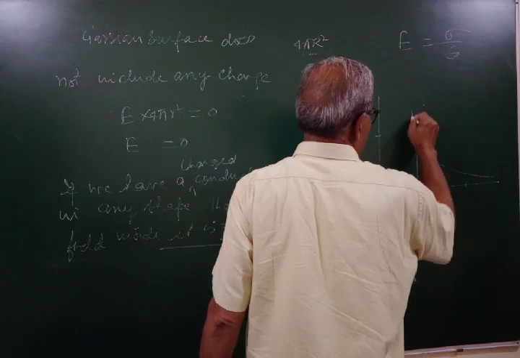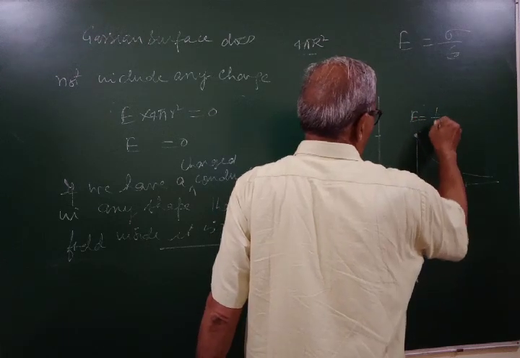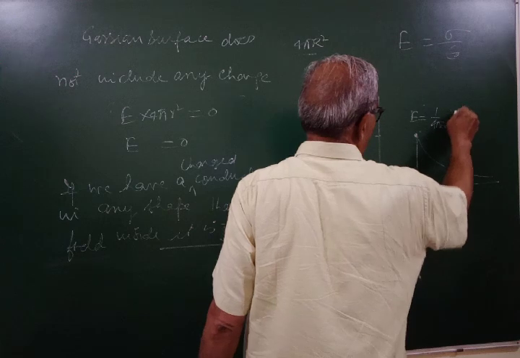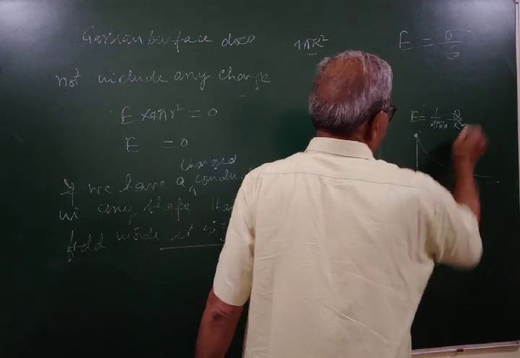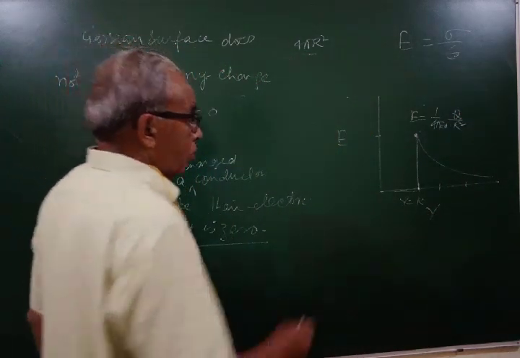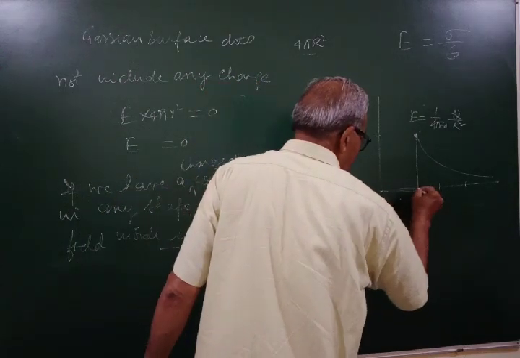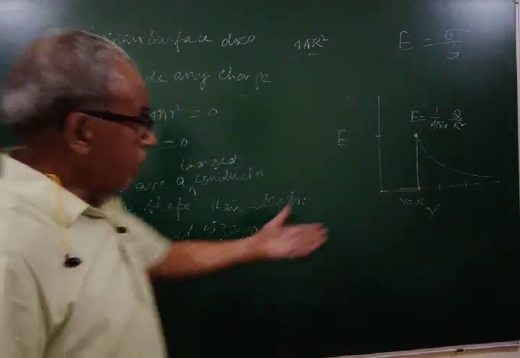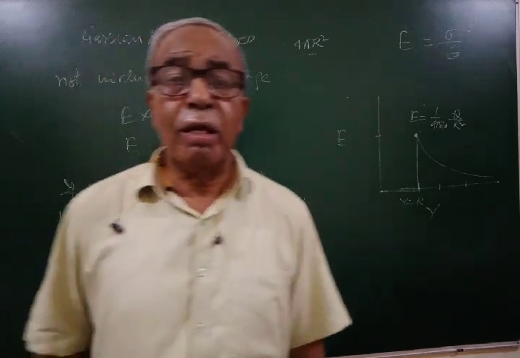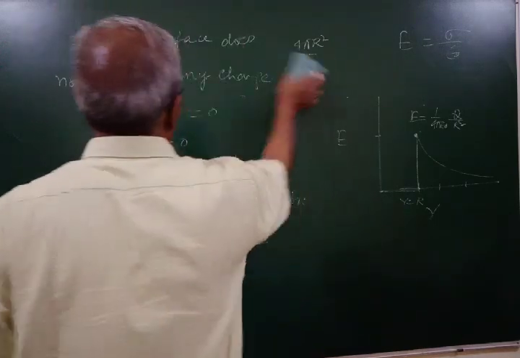The value of E here is 1 upon 4 pi epsilon 0 Q by R square. Field inside is 0. This graph shows that the field inside the charged shell is 0.